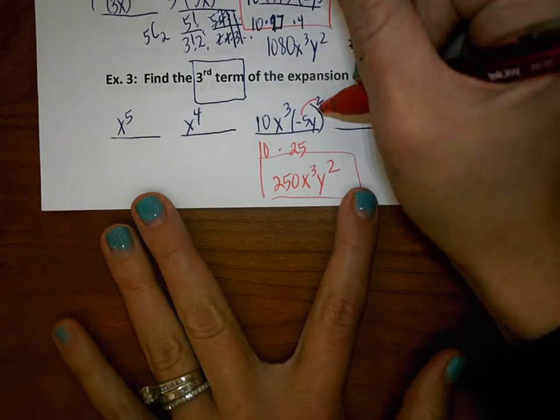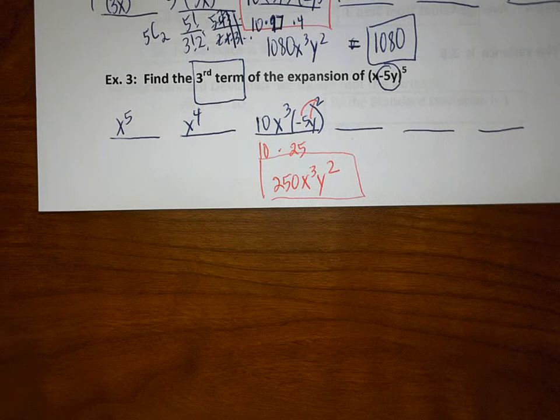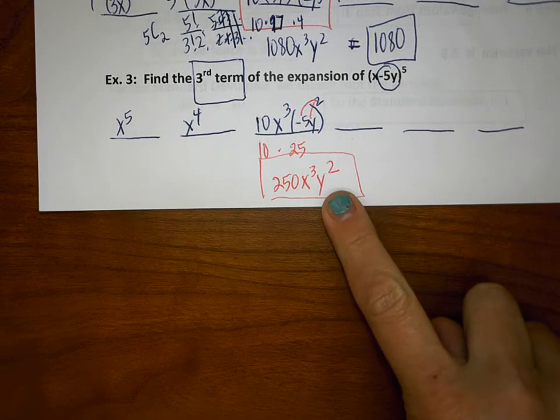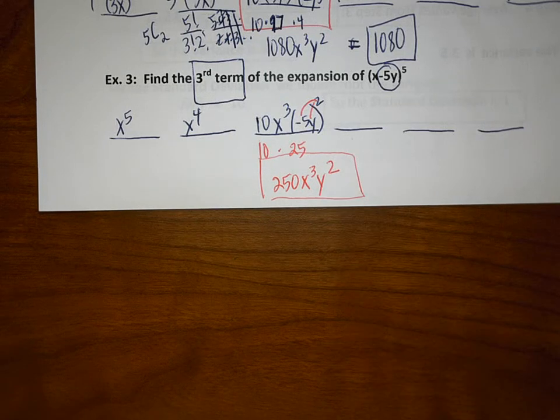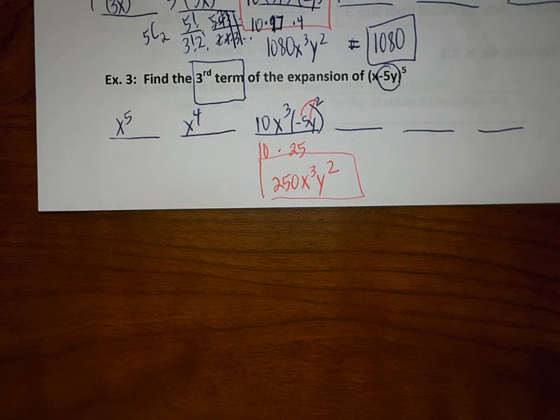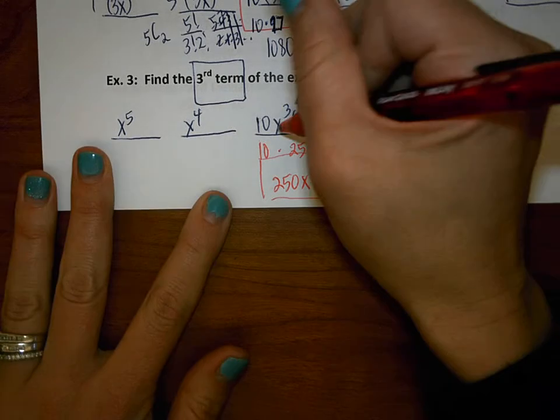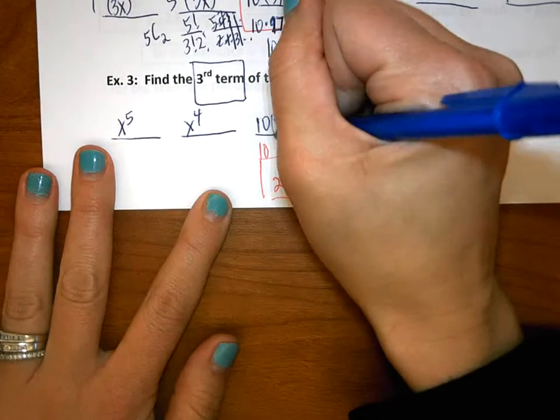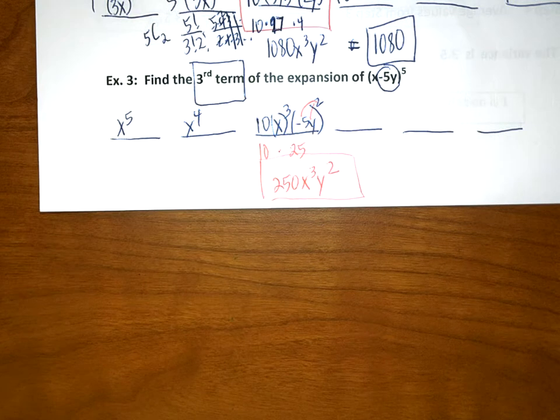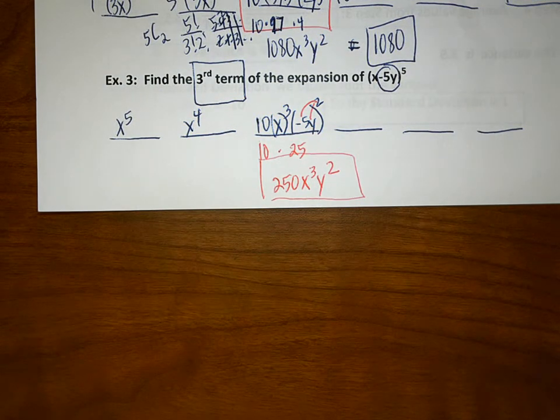I did it to both. I just didn't write it. You don't multiply 10 times 10 times 10. No, this 3 is only to the x, not to the 10. Any other questions?